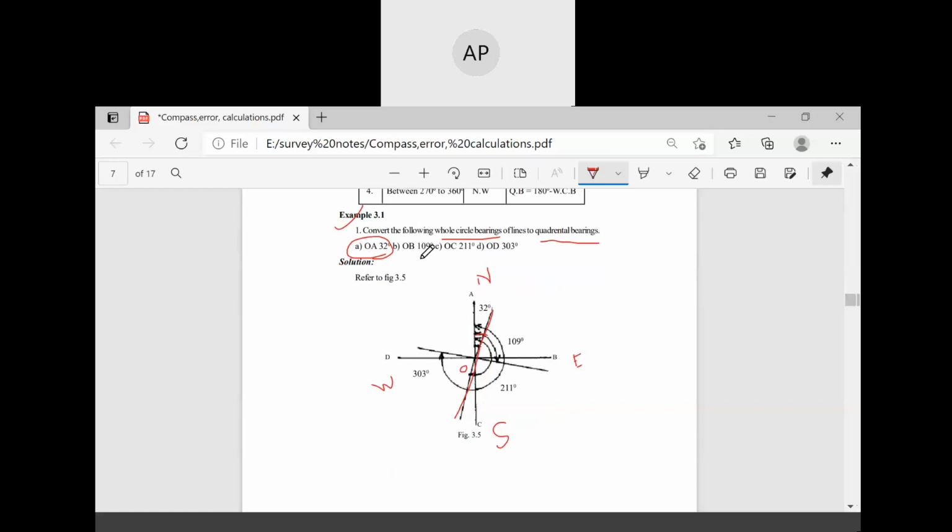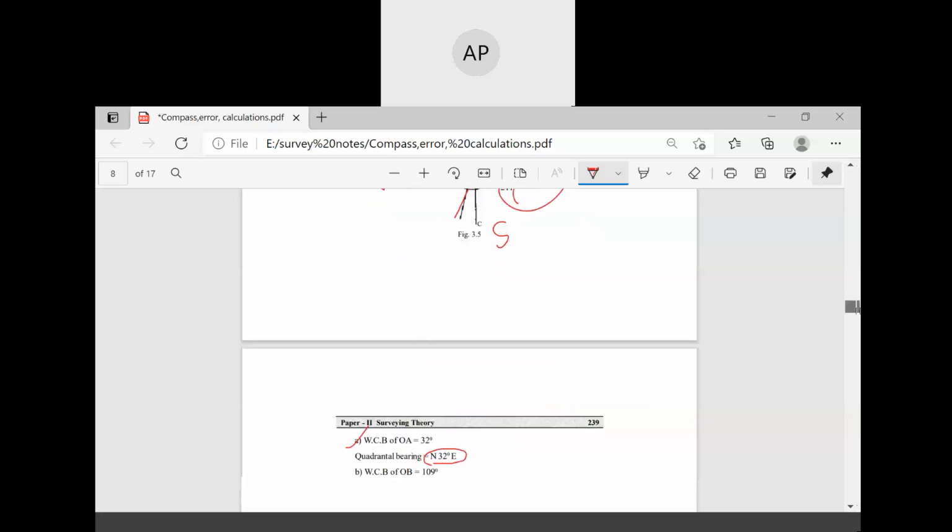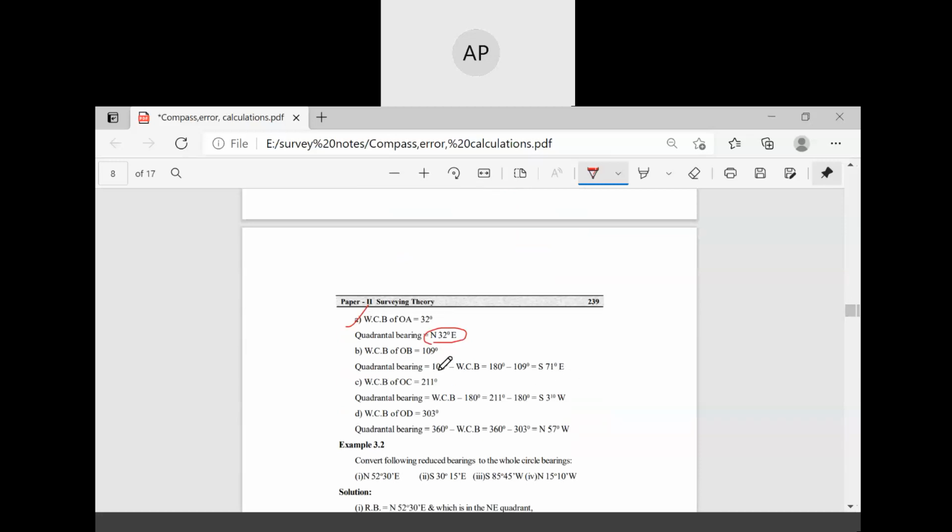And OA 109. 109 is somewhat this line, more than 90 degrees. So what is the quadrantal bearing? Southeast, this quadrant. How can I convert? Oh sorry, it should be 180 degrees.